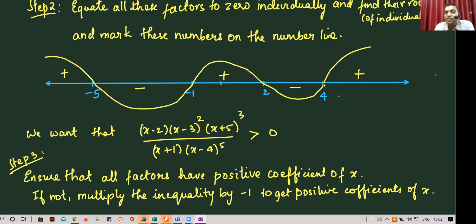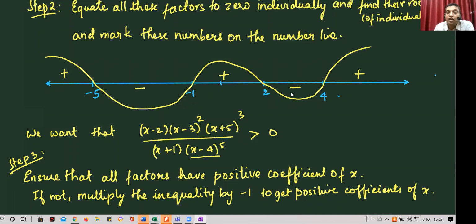Now if x lies in this region, x minus 4 will be negative, because x is lesser than 4. So this particular term is negative. x minus 4 is negative.